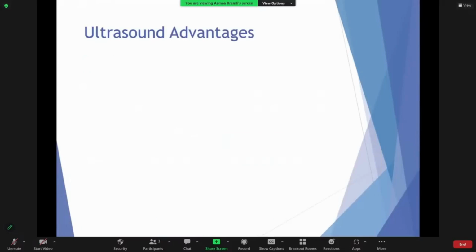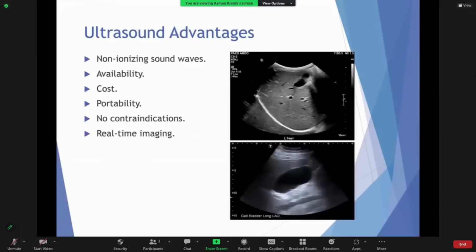What about the ultrasound advantages? Ultrasound uses non-ionizing sound waves, so it's not associated with carcinogenesis. This is important in evaluating the fetus and gonads, especially. The second advantage is availability.